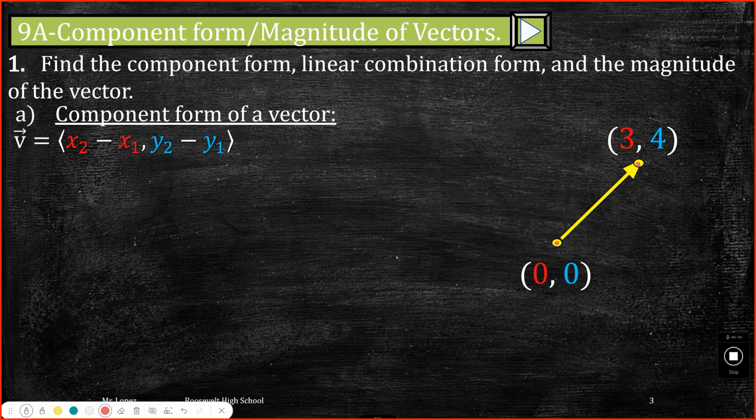If you call the initial point P1, it will be (x1, y1), and then the second point is P2, (x2, y2).